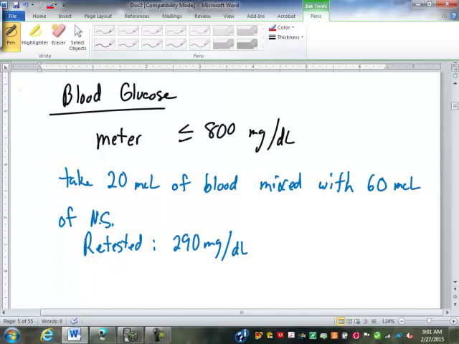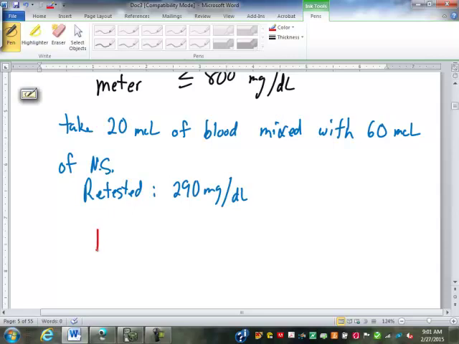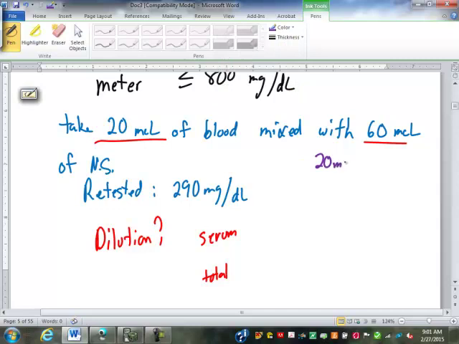Well, the first thing we have to do is figure out what the dilution is. So remember, the dilution is serum to total. We have a 20 to 60 ratio up here. Is that the dilution? No, that's the serum to saline.